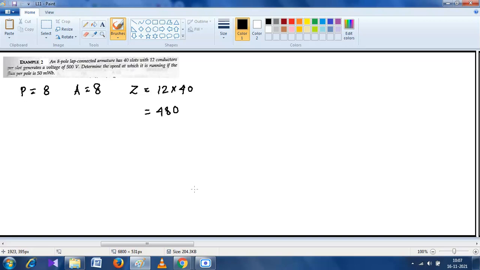So the next one, EG. EG is equal to 500 volts.